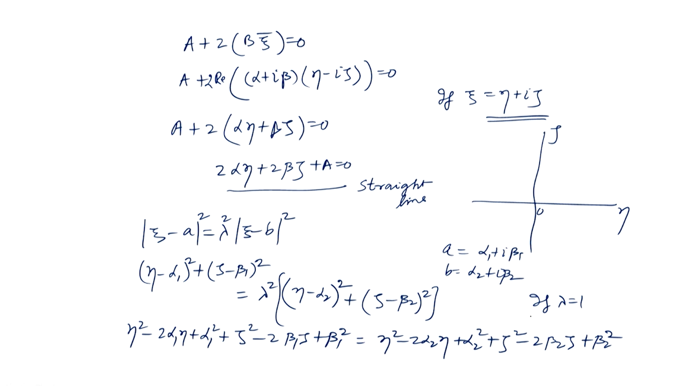When lambda is equal to 1, you can see the square terms eta square and zeta square cancel, and what we have is the equation of a straight line. You can collect the coefficients of eta and zeta.